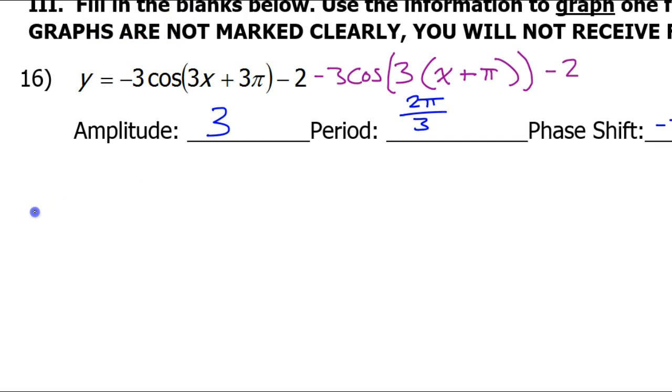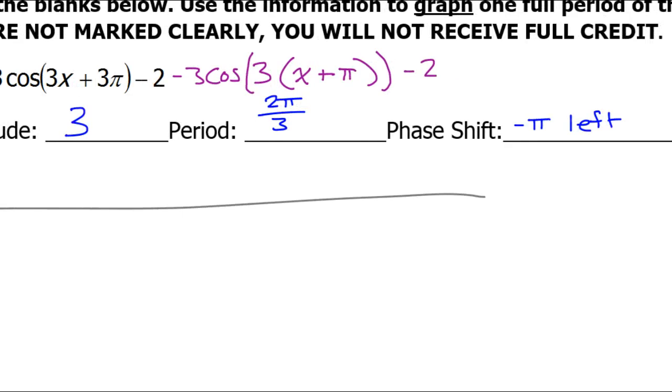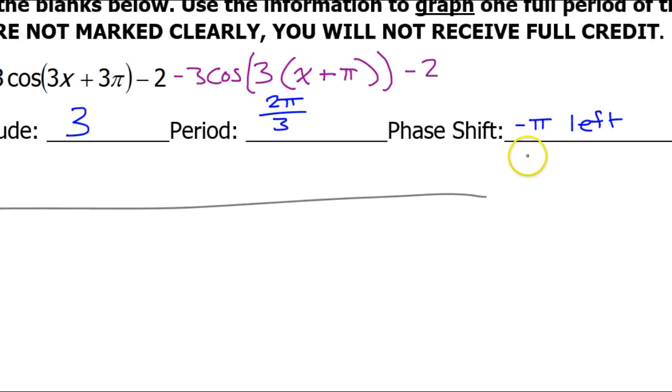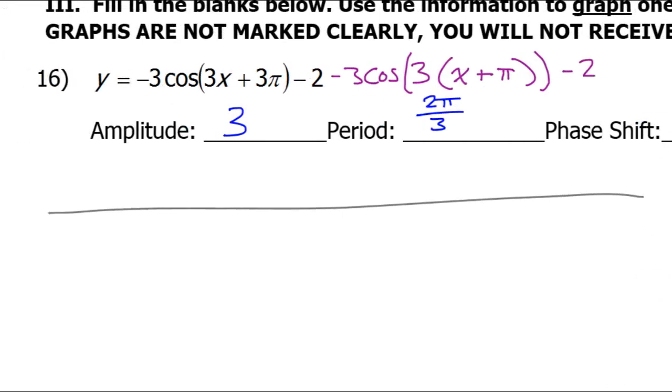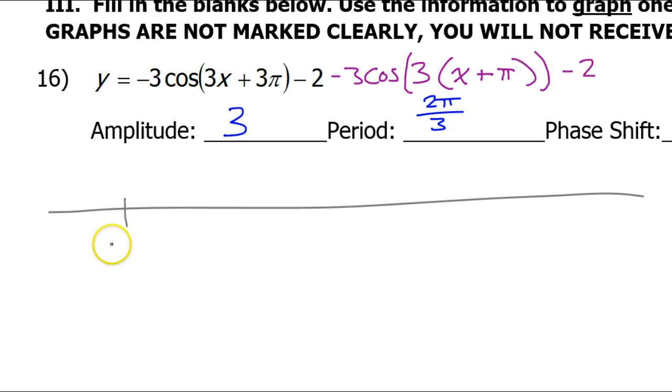Here will be my x-axis right here. Whenever there is a phase shift, that's where I begin my graph. So we have a phase shift of negative pi. I'm going to go ahead and mark negative pi right here, and that is going to be my first value.